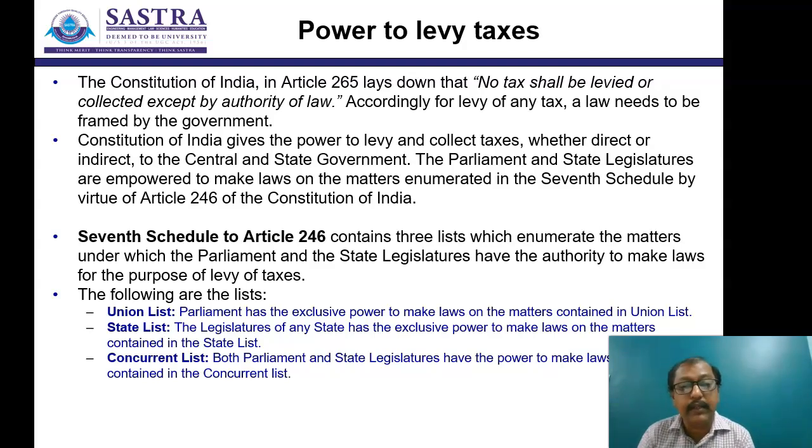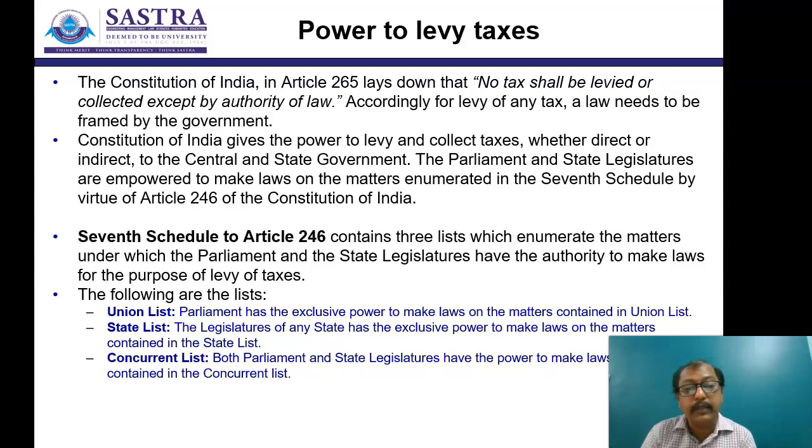The 7th Schedule has 3 lists which enumerate the matters under which the Parliament and the state legislature have the authority to make laws for the purpose of levy of taxes.